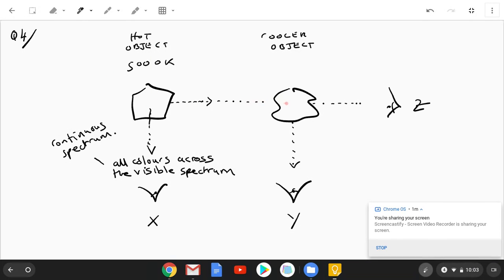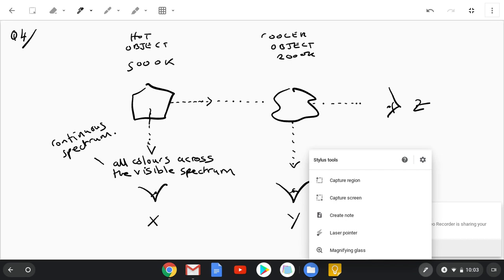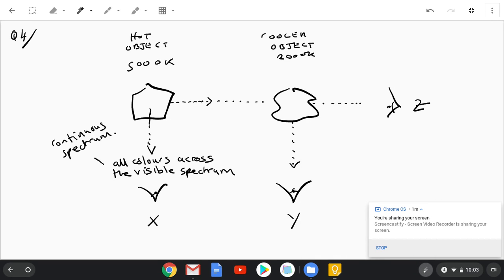Now, some of that light is making its way to a cooler object. In your question, it says 2000 Kelvin. Now, with respect to the 5000 Kelvin, it's a cooler object. So when you have a cooler object, the electrons within the elements are in the lower states, so they're closer to the ground state.